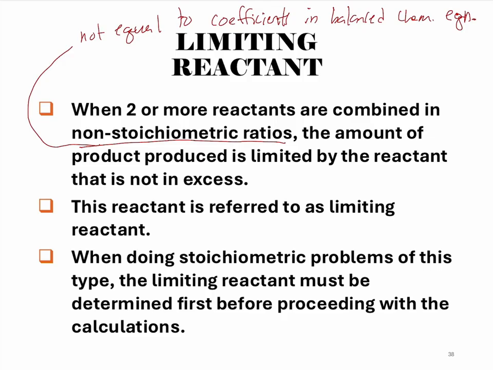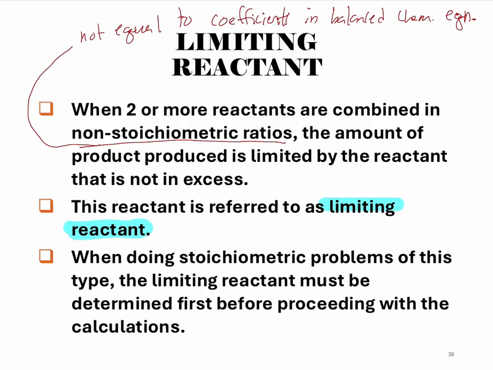And so when that happens, that reactant is referred to as the limiting reactant. So for these problems, you're going to be finding the limiting reactant. Now, as you can imagine, this is going to be almost identical to doing mass-to-mass calculations. It's just the problems are a little longer because you have to do it for 2 different reactants for each reaction.